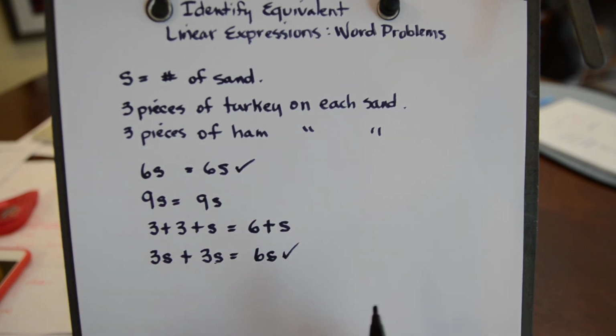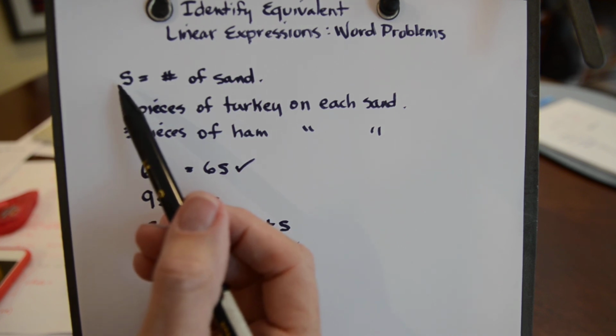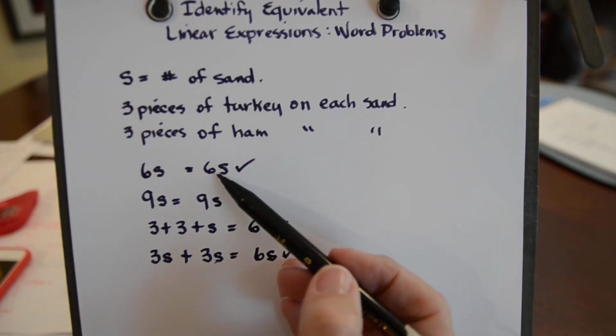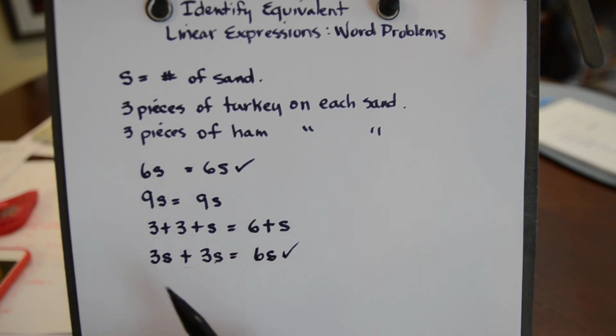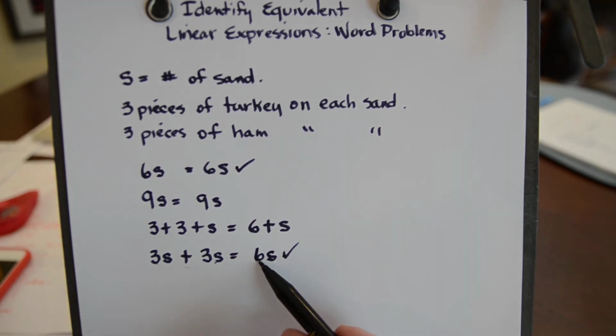So I need to take that 6 pieces and multiply it times however many sandwiches I have, which is what we've done right here. So we could say that this was turkey pieces times however many sandwiches, and ham pieces times however many sandwiches, but they go together to create 6 pieces of meat on however many sandwiches.